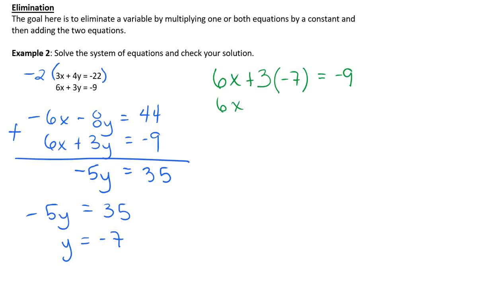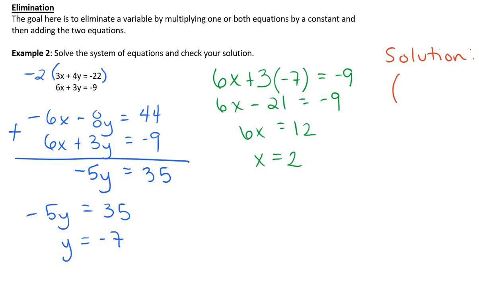So we have 6x minus 21 equals negative 9. If we add 21 to both sides, we get 6x equals 12. Dividing by 6, x must equal 2. And so our final solution is the coordinate pair x value 2, y value negative 7.